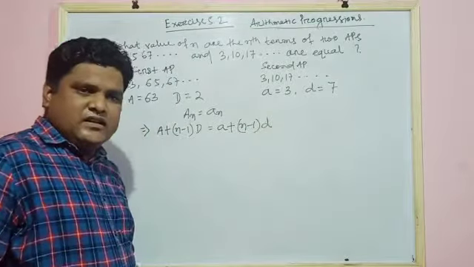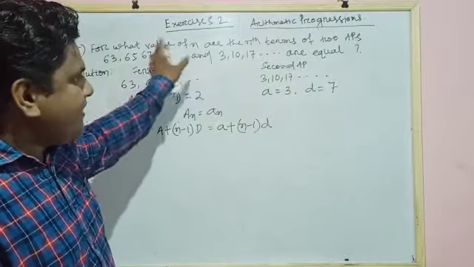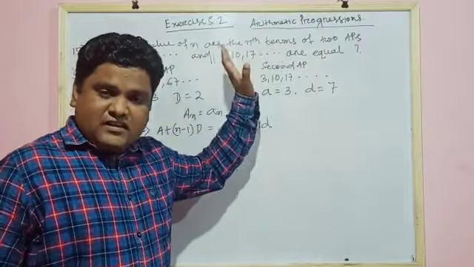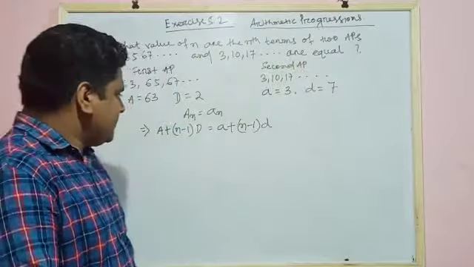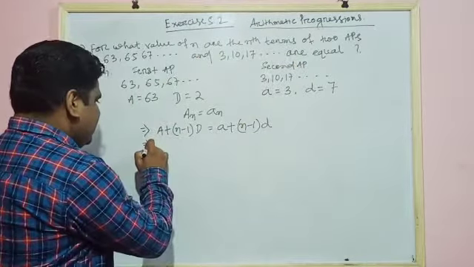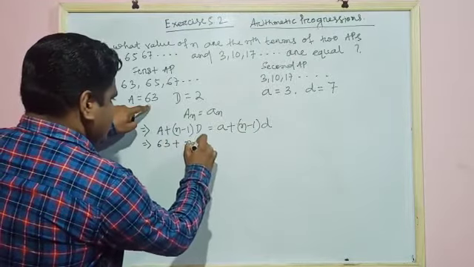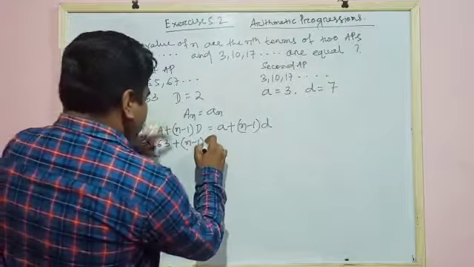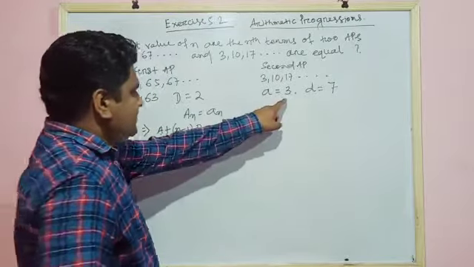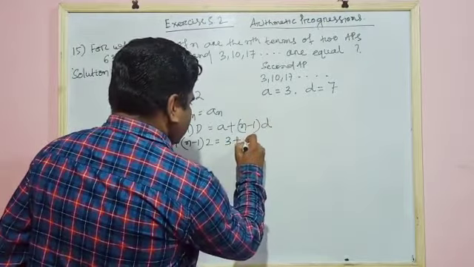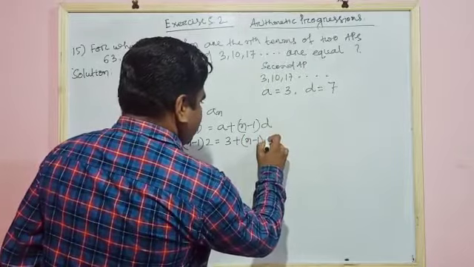N is equal in both cases, because in the question it is given that for what value of n the nth terms of both the sequences are equal. So in place of a we will write 63 plus n minus 1 into d, which is 2, equal to a, which is 3 plus n minus 1 into 7.